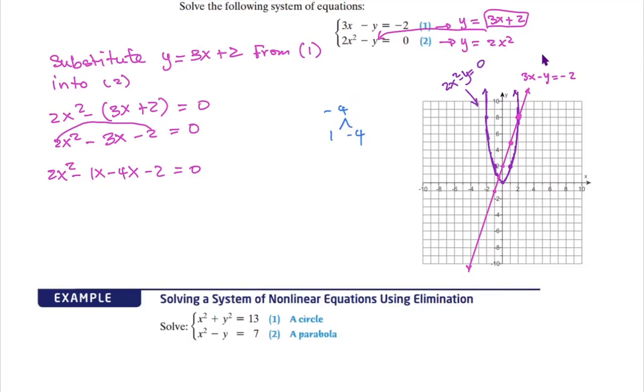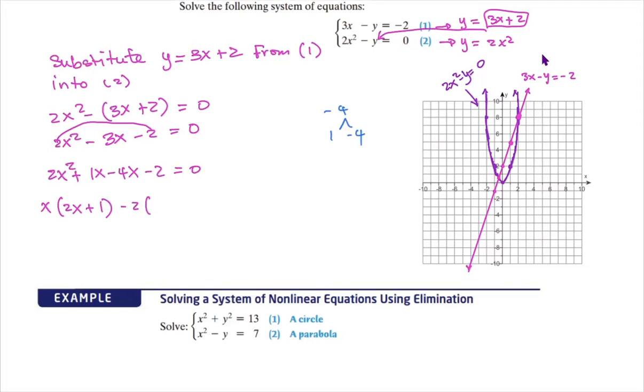Factoring x out, we get x times (2x plus 1), and then minus 4x minus 2, where we factor out -2, the GCF.